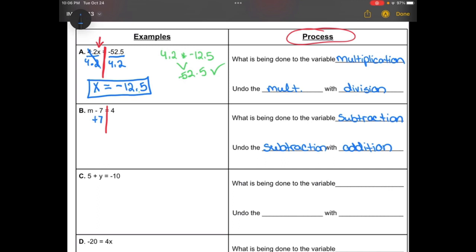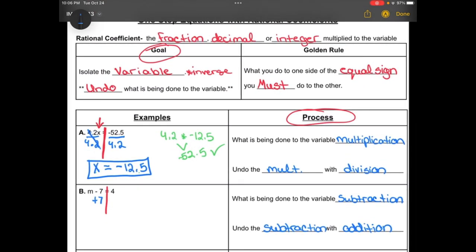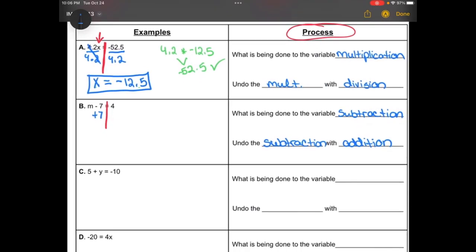So my variable will be by itself. Remember the golden rule. What you do to one side, you must do to the other side of the equal sign. So if I add 7 over here, I have to add 7 over here. I have to do that to both sides of the equal sign.